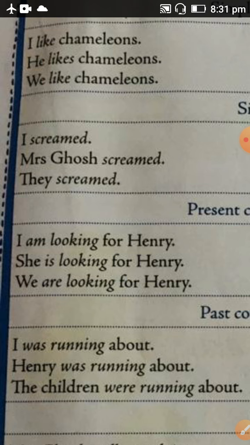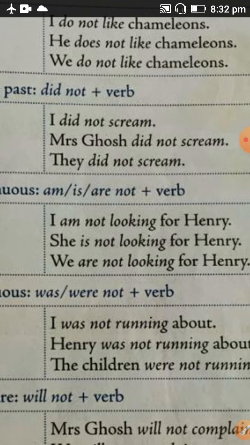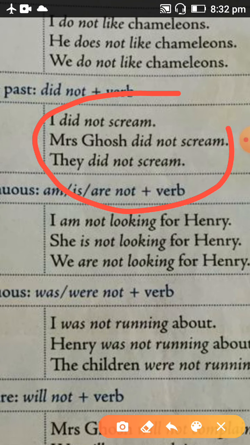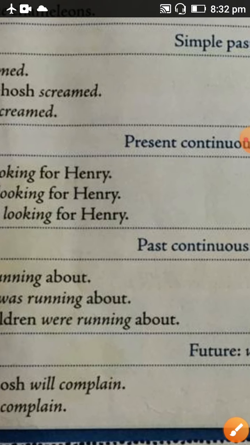So here screamed, with ed, is written. It is the second form of the verb, simple past, and whenever we have the second form, you don't have to struggle a lot like with does not or do not. Whether the subject is singular or plural, you only have to use did. So you can see here did not in making negative sentences.